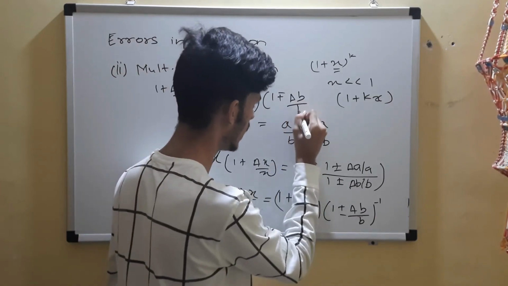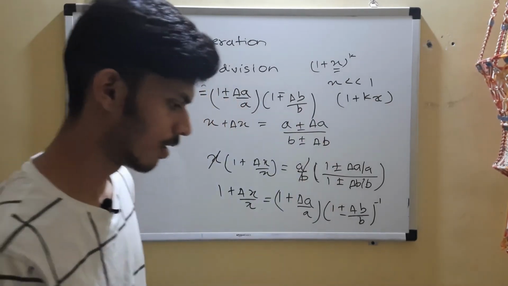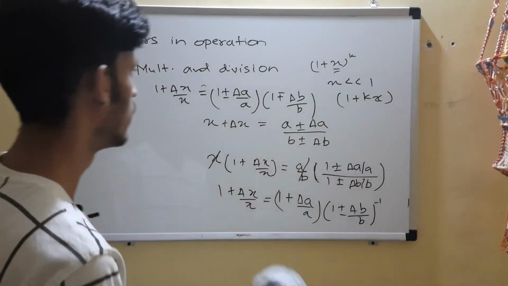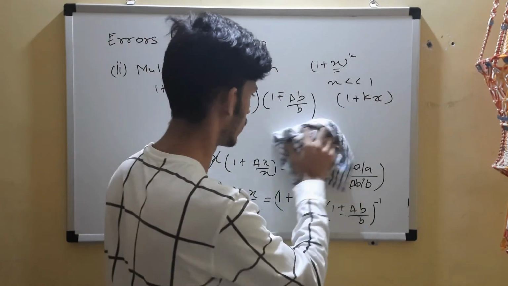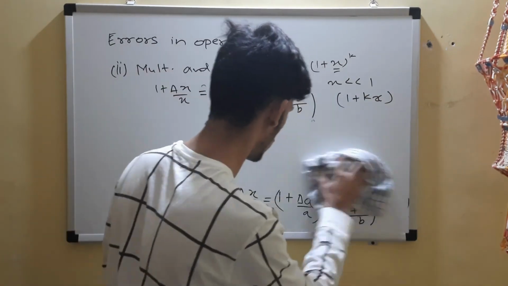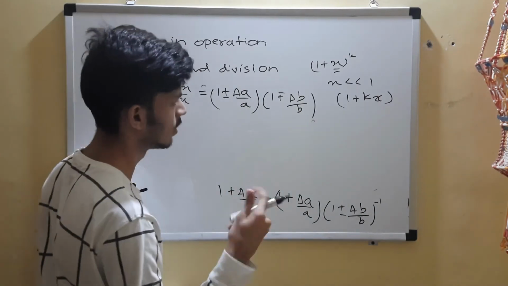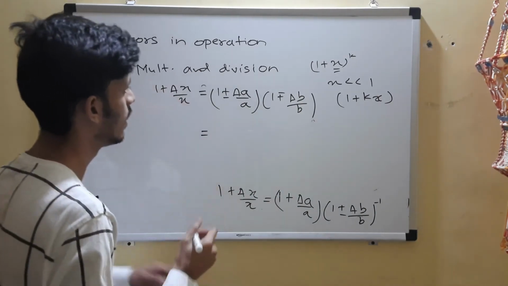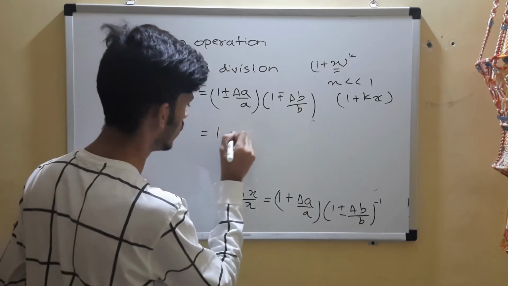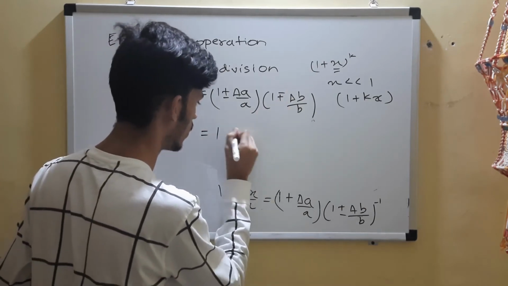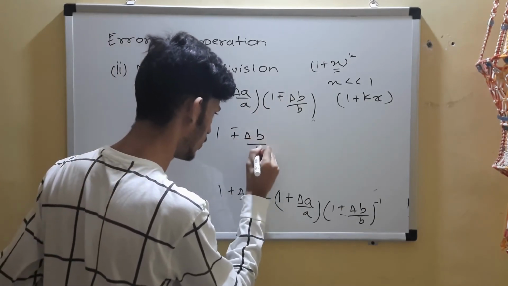Not to worry. Now we'll keep on doing this. This was the most important step you have to get, since the derivation is not that important. 1 into 1, 1. So 1 into this gives us delta b by b.